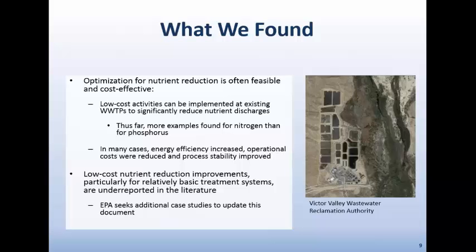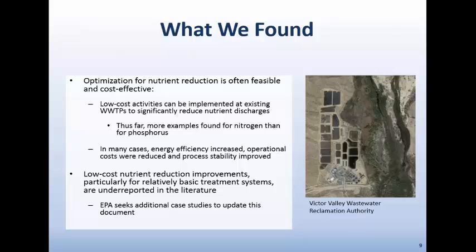So what we found in the report, and the other speakers will be going into this in much more detail than I am, is that optimization for nutrient reduction is feasible and cost-effective under certain circumstances, and that low-cost activities can be implemented at existing wastewater treatment plants. We're finding more examples for nitrogen than for phosphorus. So again, if you have examples for phosphorus, please let us know.